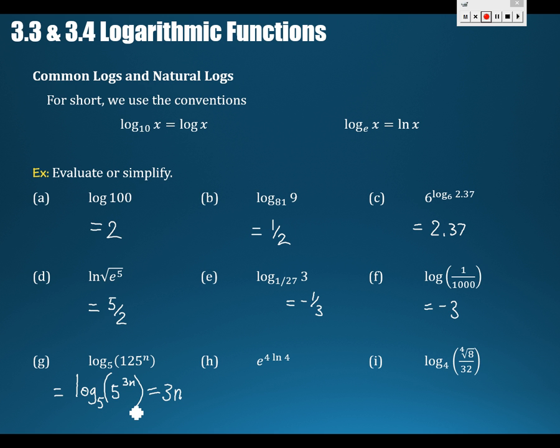And then, using the same kind of logic, 5 to what power gives you 5 to the 3n? Clearly it's 3n, isn't it? It does the job.